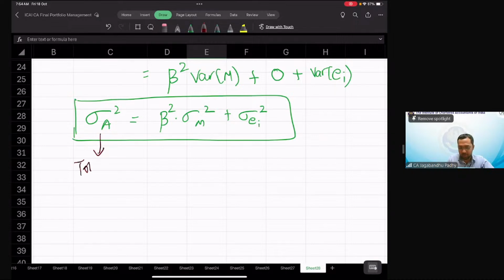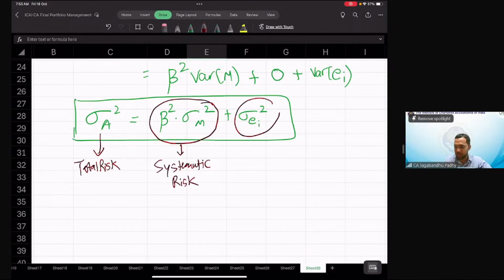This is the measure of total risk. This portion, which is beta square into variance of market, is a measure of systematic risk, and this portion is going to be indicated as unsystematic risk.